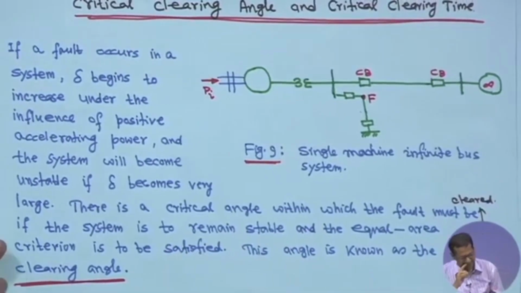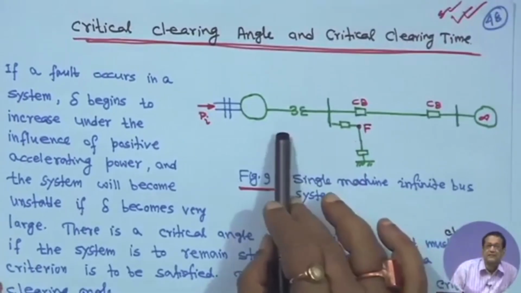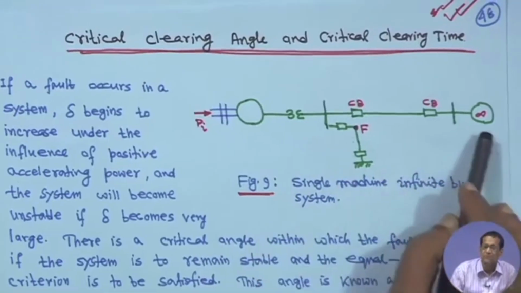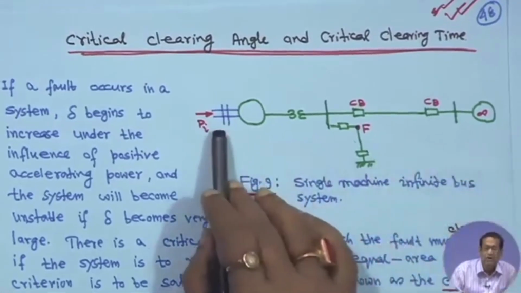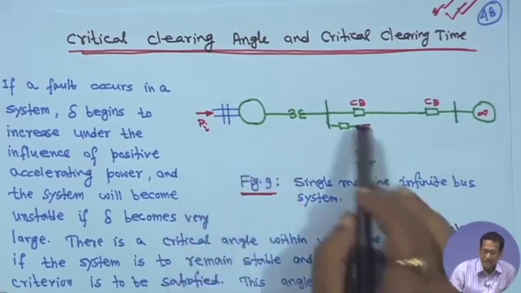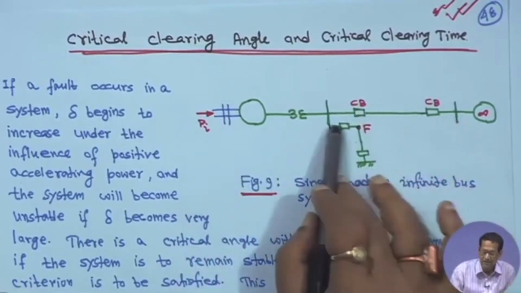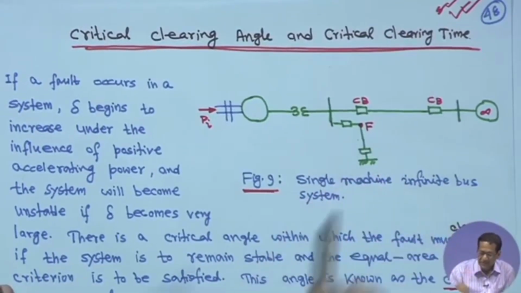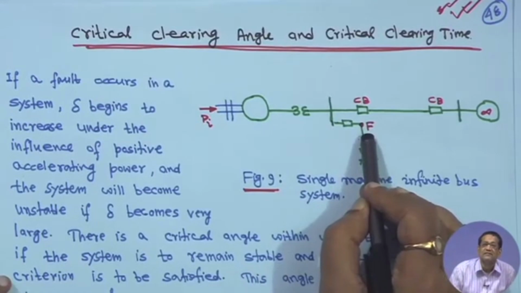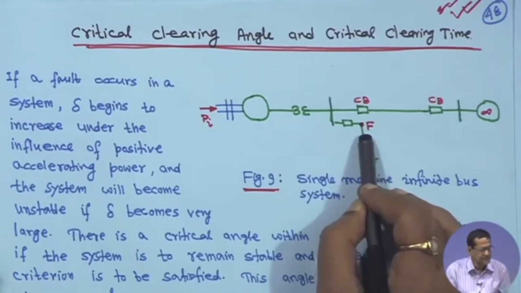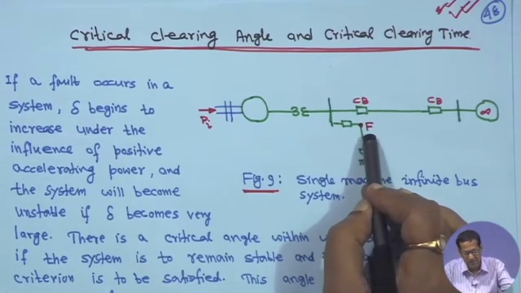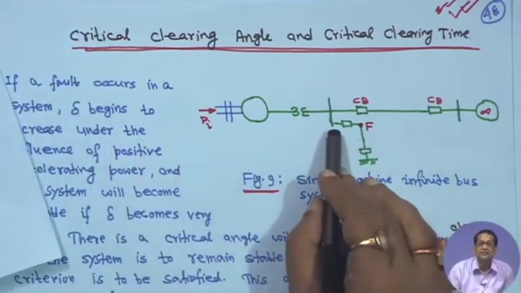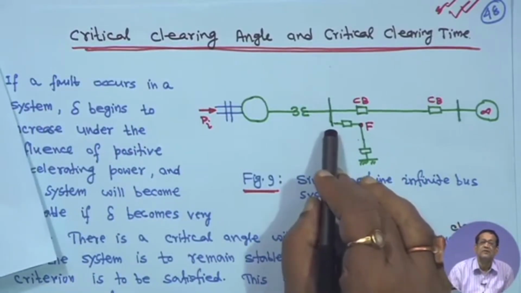So, for example, suppose you consider this one, just we are considering a single machine infinite bus system. This is the infinite bus and the input power is P I for the generator, and this is one transmission line, you have another radial transmission line here. Now, you assume that there is a fault at bus F. So, if there is a fault at bus F, what will happen, the generator terminal voltage will be immediately 0.